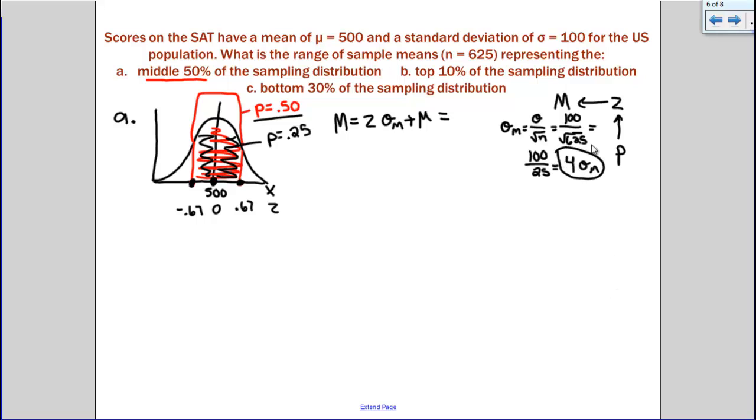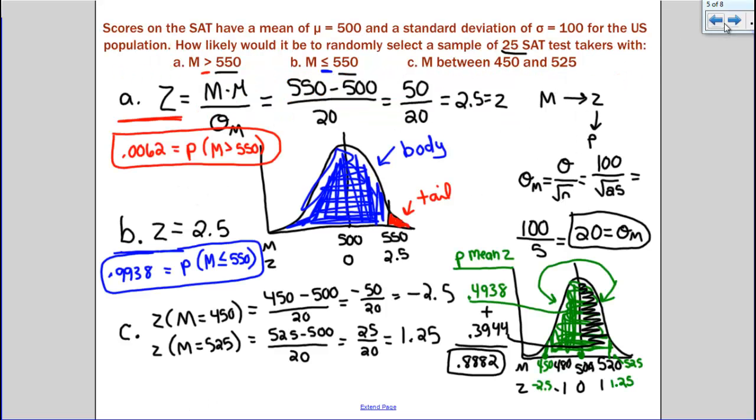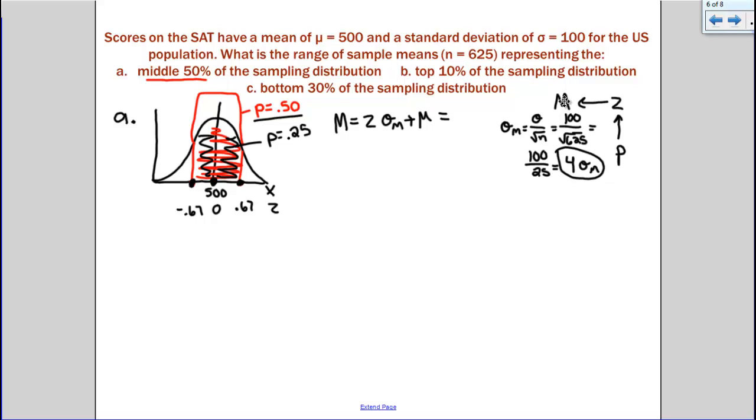Notice how this standard error of 4 is really small compared to the standard error that we had when we had a sample size of 25, right? The standard error was 20 in this example because we had a smaller sample size. Now we have quite a large sample size, and we're expecting a lot less error between our sample mean and our population mean.